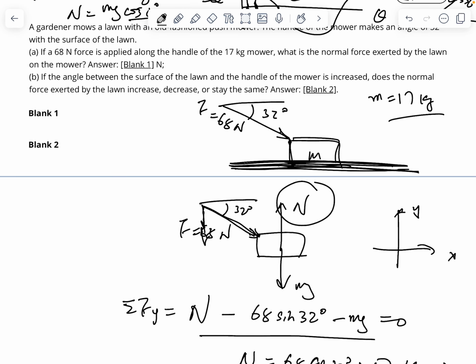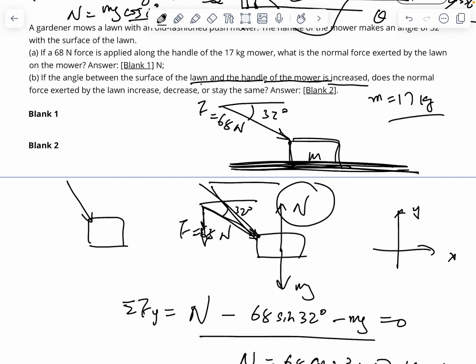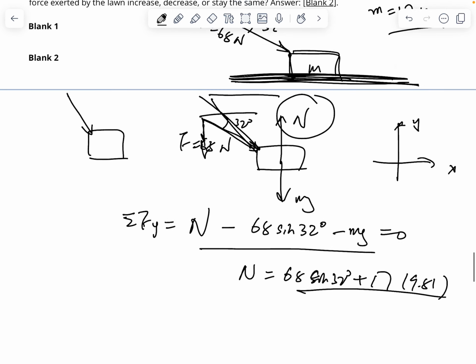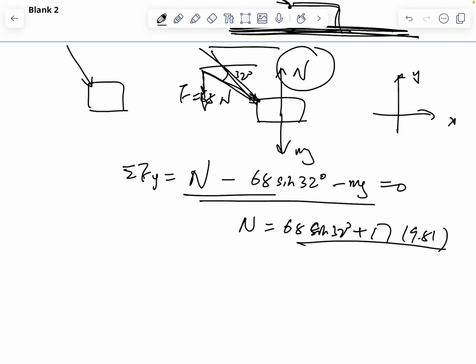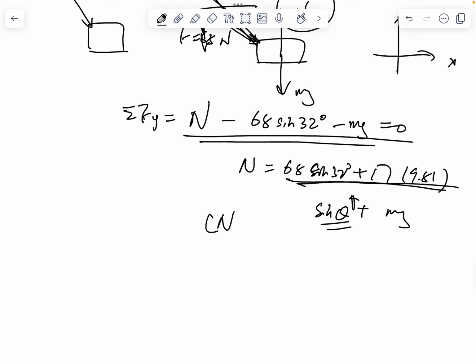B, if the angle between the surface of the lawn and the handle of the mower is increased. So basically this angle, 32, right? Now increase it. Does the normal force increase, decrease, or stay the same? All right, so this equation: normal force equal to 68 sine theta plus mg. If theta increases, sine theta increases.